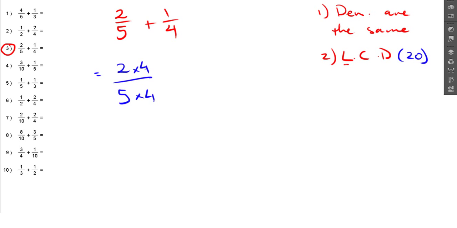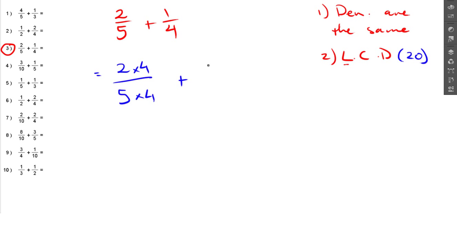You notice that 4 divided by 4 makes 1. So we're actually technically multiplying 2/5 by 1. And because of that, we're not actually changing this number, because you can't change the number by multiplying by 1. But we're finding an equivalent fraction. Okay, an equivalent fraction. So our 2/5 is taken care of.